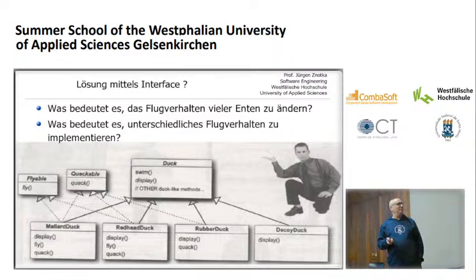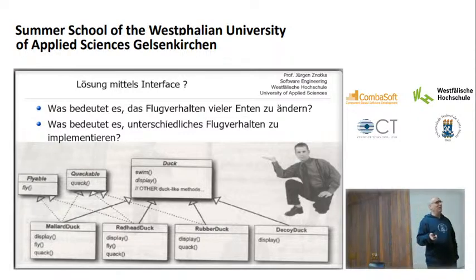Can you see it? The arrows are different. This is an inheritance arrow, and this is an implementation arrow. Very easy to see. Everywhere in the world, computer scientists use UML, the Unified Modeling Language. Quite fine.